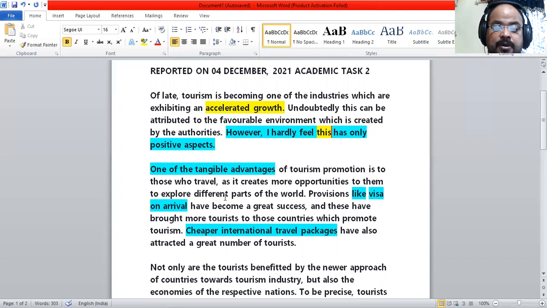They can explore different parts of the world. Provisions like visa on arrival, for example, are a great success. Cheaper international travel packages, another opportunity. So these are the things that call many tourists to visit more and more places.